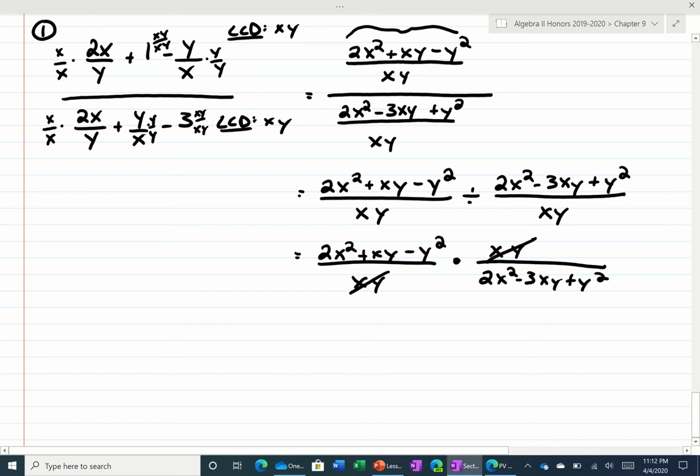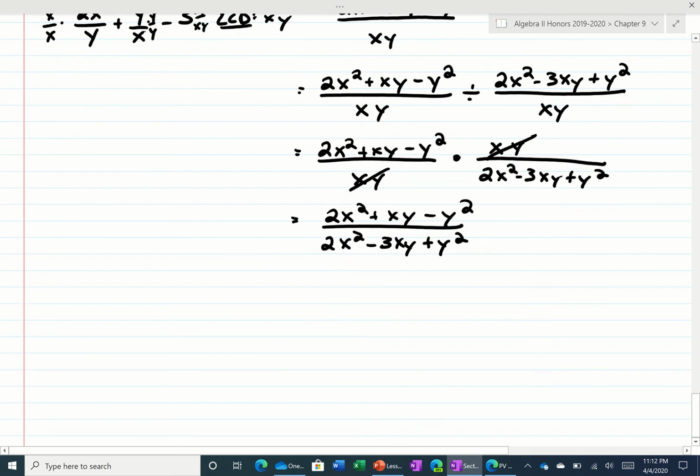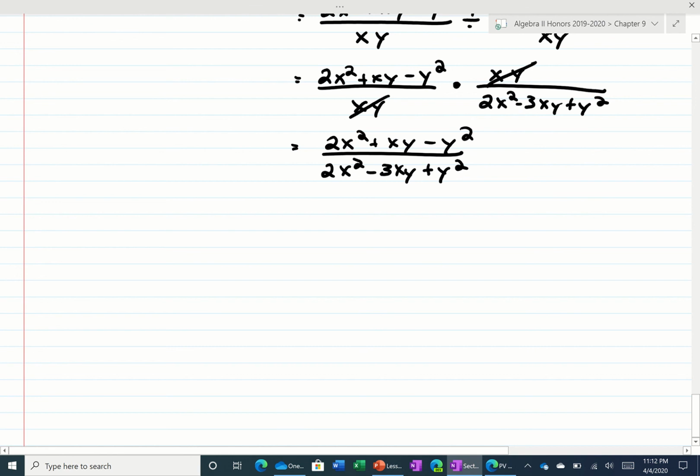These will cancel. And that's it. Now don't even think about simplifying these. Don't do that, right? You can only cancel things out if you're multiplying or dividing, not over addition like that.